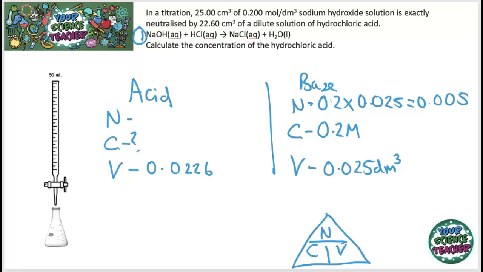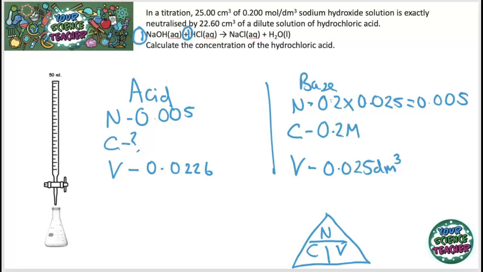Because they're in a 1-to-1 ratio, basically meaning if I have 1 mole of base, I have reacted it with 1 mole of acid to completely neutralize it, I will also have 0.005 moles of acid.